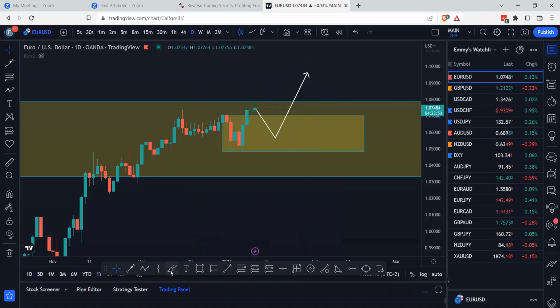But very, very importantly, when price retraces into this demand zone, you just don't want to click on buy just like that. You need certain confirmations. The first confirmation that you need is to see activity of liquidation. If price is going to respect this demand zone, the first thing that must happen is a liquidity grab.